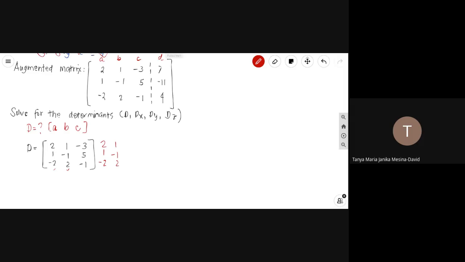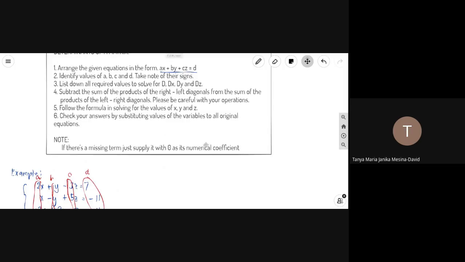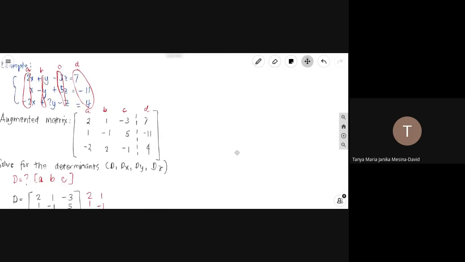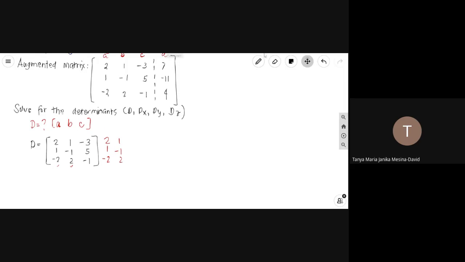And this is the time now that we will apply the next step, which is subtracting the sum of the products of the right to left diagonals from the sum of the products of the left to right diagonals. So what we will do now is multiply all the numbers in the matrix that are parts of the diagonal.